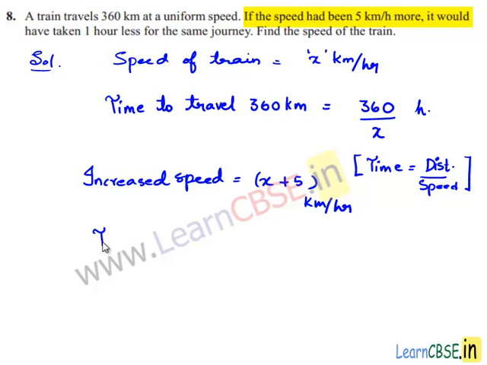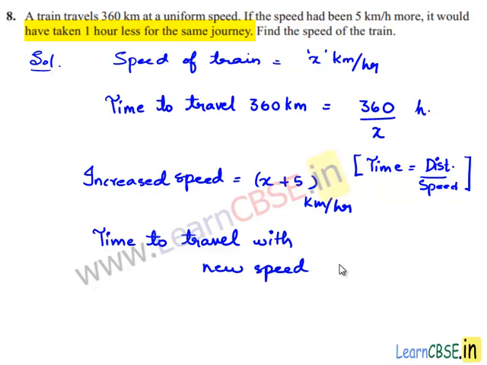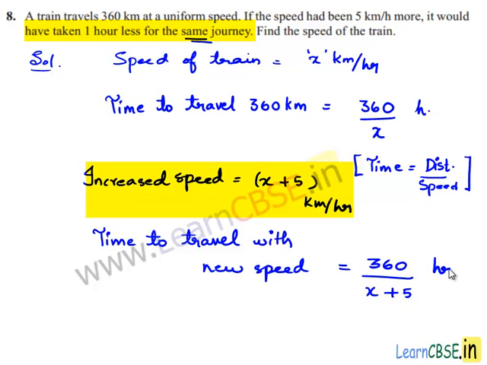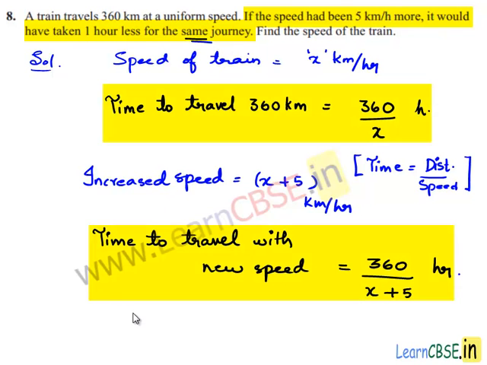Now time taken to travel with the new speed is equal to, since the distance is same, we write distance as 360 and the increased speed is x plus 5. According to the given condition, if the speed had been 5 km per hour more, the train would have taken 1 hour less for the same journey. So we can write 360 by x plus 5 is equal to 360 divided by x minus 1.